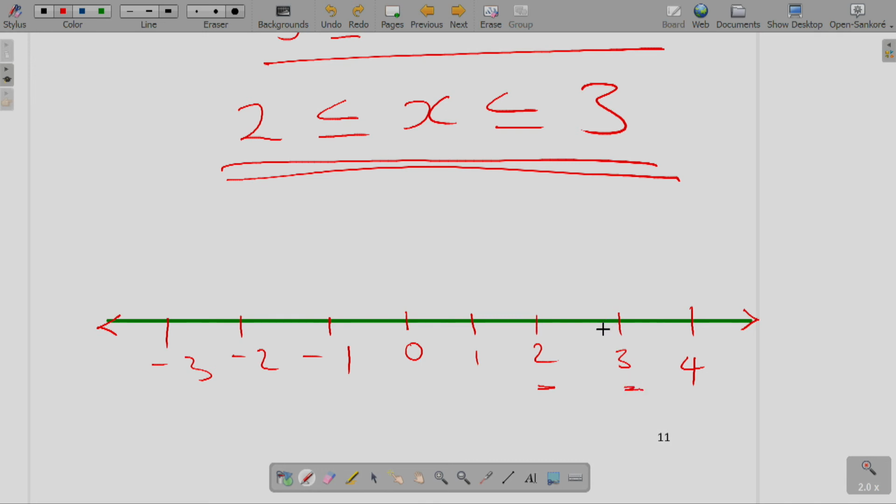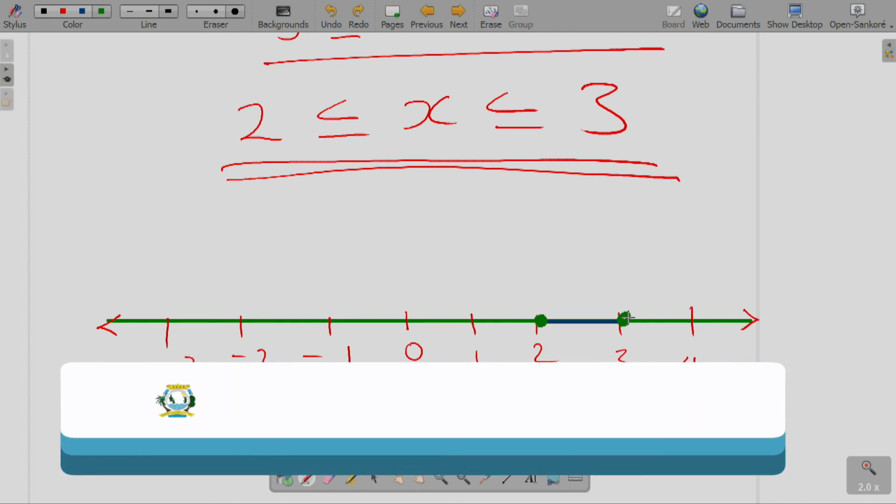So the inequality can be shown as follows: from number 2 to number 3, the point where number 2 is placed should be shaded, and also the point where number 3 is placed should be shaded.